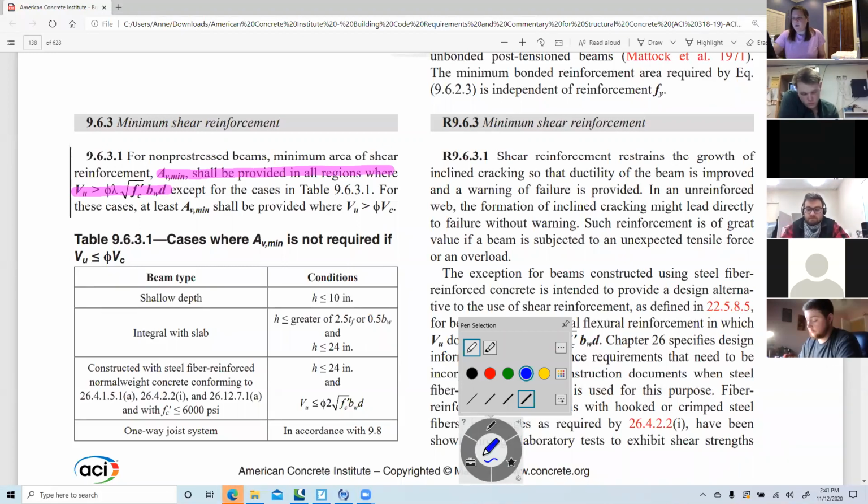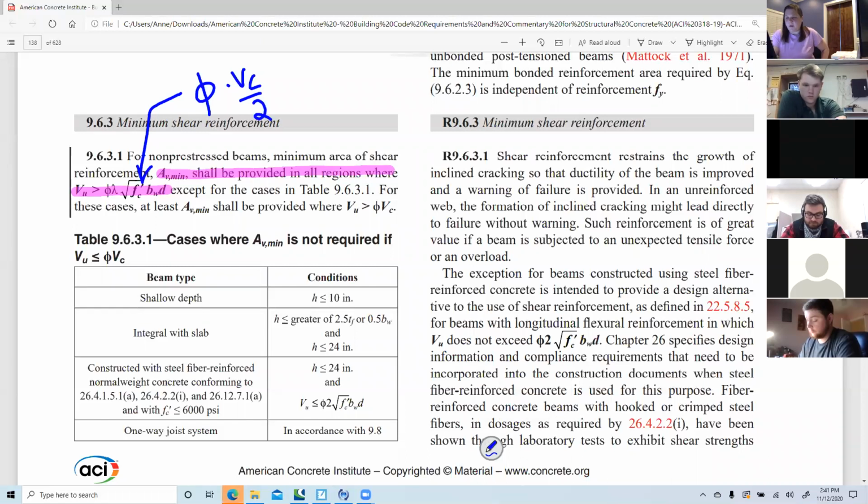It's actually phi times VC over 2, right? That lambda can go to 1 if we're in normal weight concrete. So VC is 2 square root f'c bw d, if I just divide it by 2.